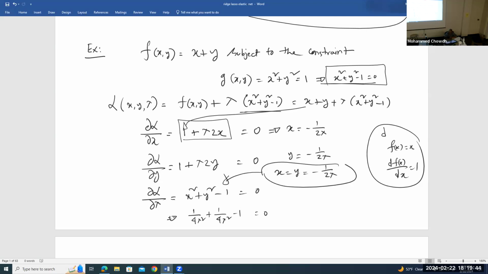Right? So from there, what are we getting now? We are getting 2 over 4 lambda square equal to 1, and then 1 over 2 lambda square equal to 1, and then if you change it, lambda equals plus or minus 1 over root 2.